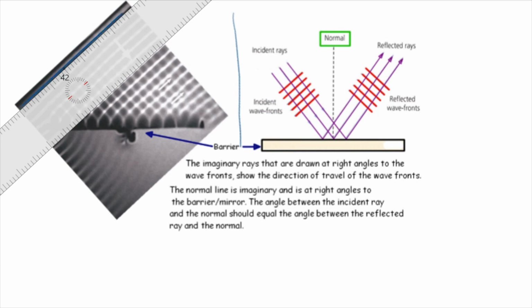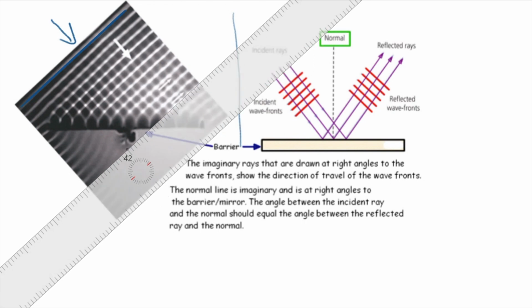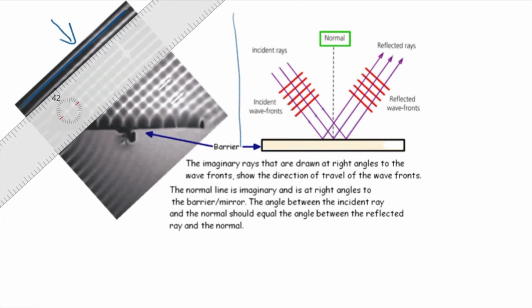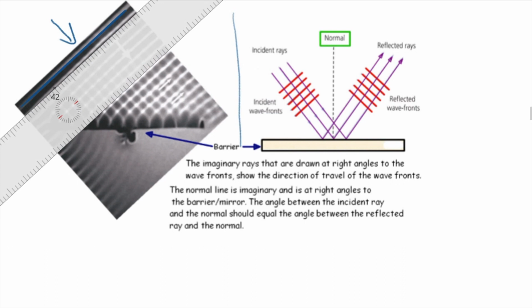That blue line shows one of the water waves moving in that direction, and if you follow those lines, you'll see that they will reach a boundary.